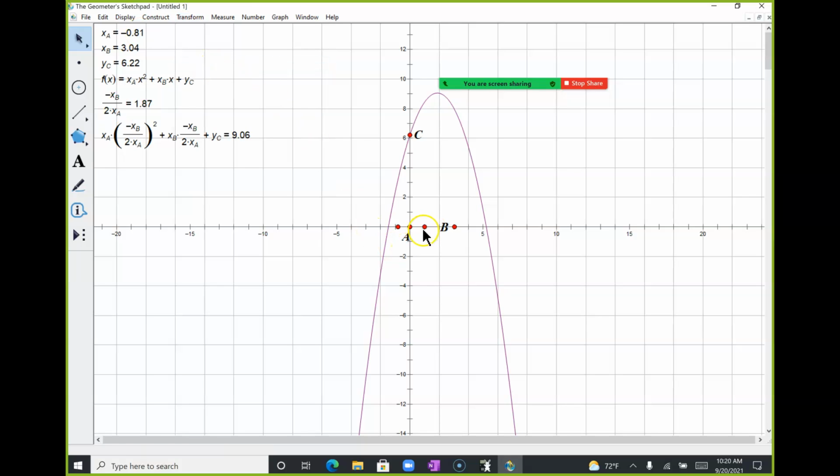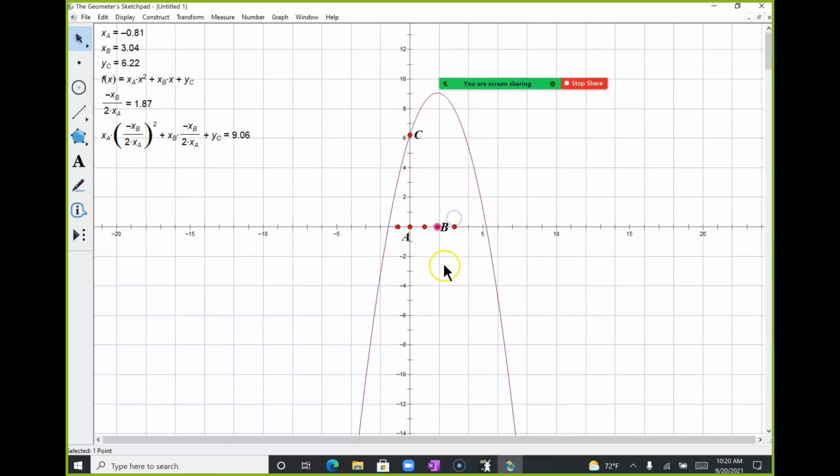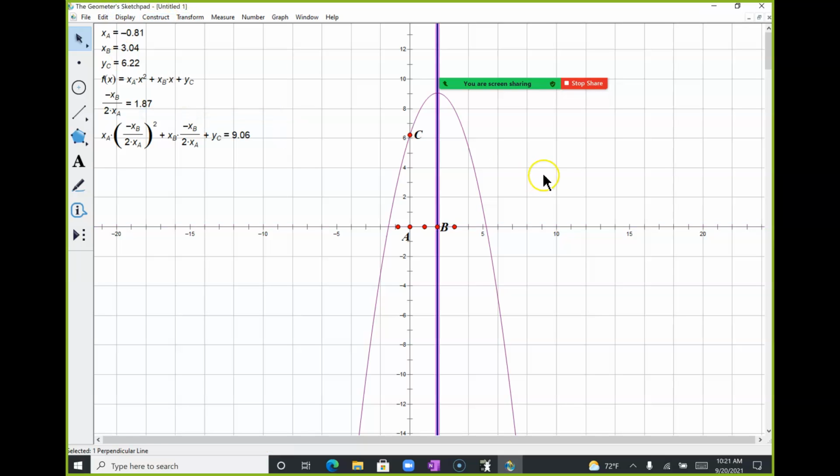There it is. So we dilate by my marked scale factor. Here is the x coordinate of my vertex. So construct perpendicular. There's my axis of symmetry.